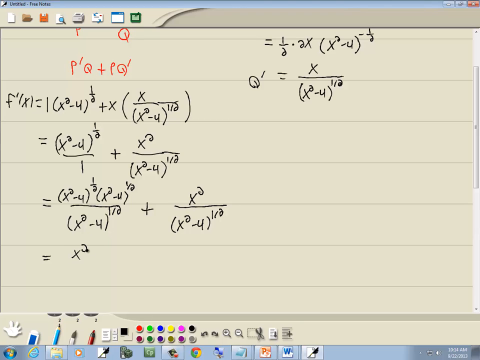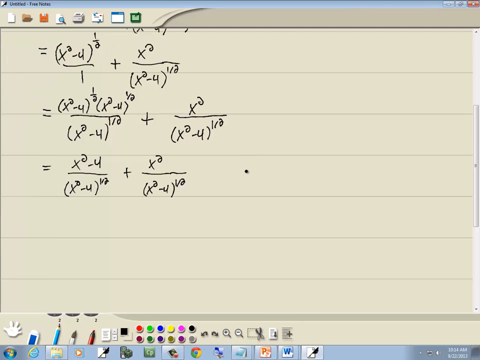So this just becomes x squared minus 4 over x squared minus 4 to the 1/2 plus x squared over x squared minus 4 to the 1/2. Okay, they have the same denominators now, so I can merge together the top parts. x squared plus x squared is 2x squared minus 4 over x squared minus 4 to the 1/2 power. Well, that's our first derivative.